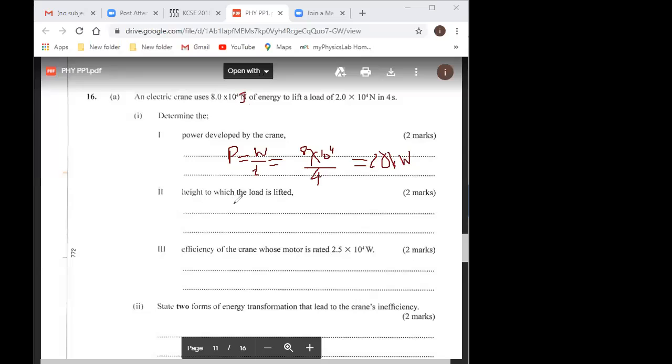Then the next question: determine the height to which the load is lifted. The height to which the load is lifted. Work it out.